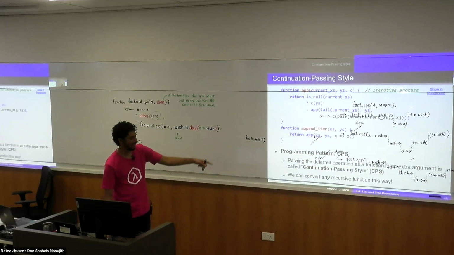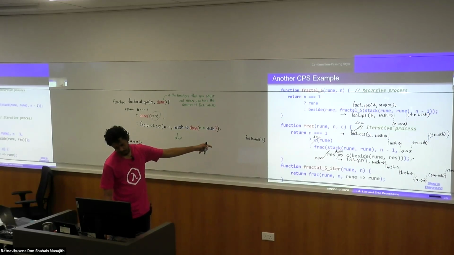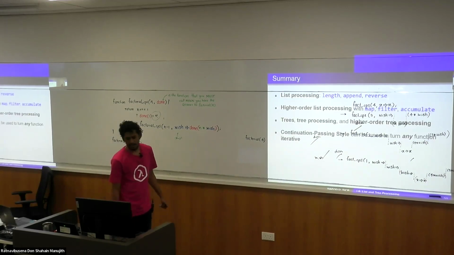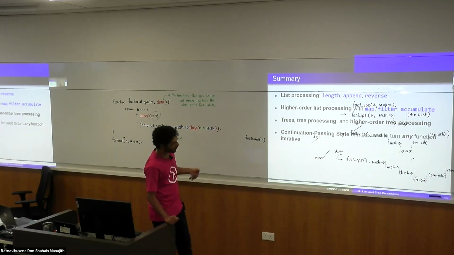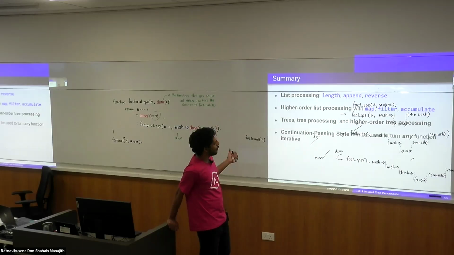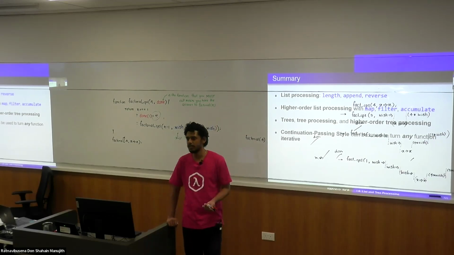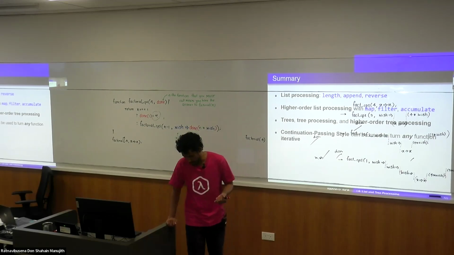You can convert any recursive function this way, factorial, same thing. Summary: in this lecture we learned how to use wishful thinking to write length, append, reverse, how to write higher order list processing like map, filter, accumulate, how to work with trees, also using wishful thinking, and then how to do CPS.